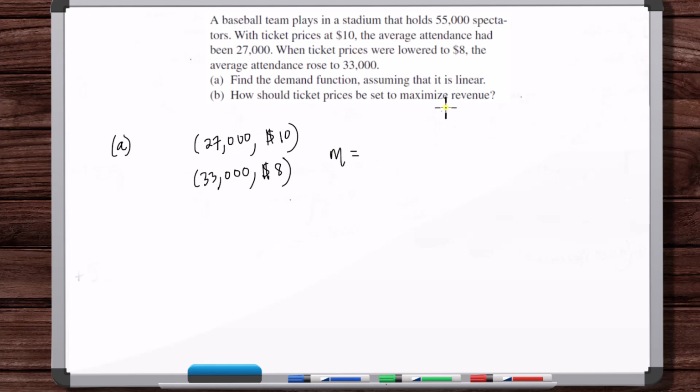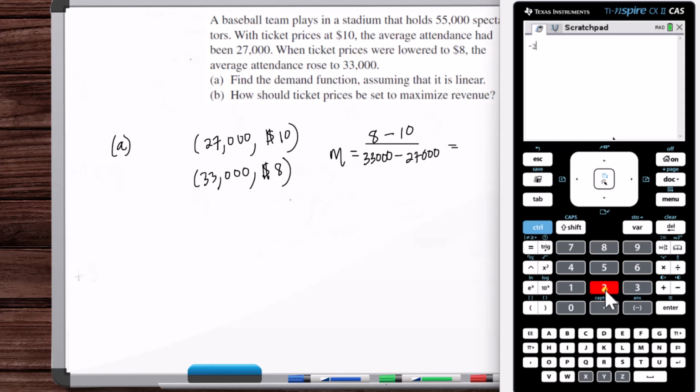So M is y2 minus y1 over x2 minus x1. Let's say this is point 2 and this is point 1.